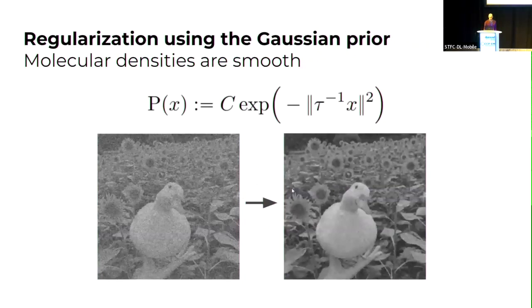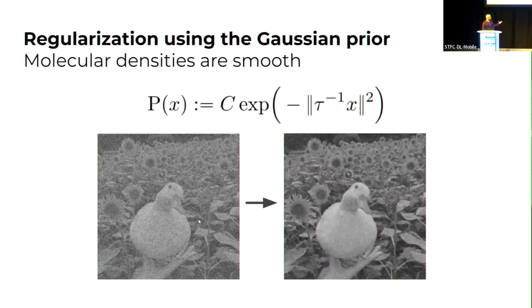Typically, people use the exponential prior in cryo-EM, which is also known as the smoothness prior, which basically tells you that if you don't have information in Fourier space, instead of just letting noise take over, you set those Fourier coefficients to 0, which means that in real space you get these smooth reconstructions.